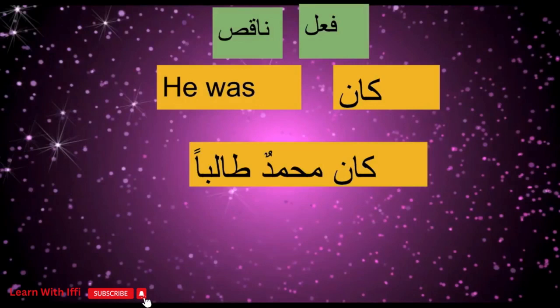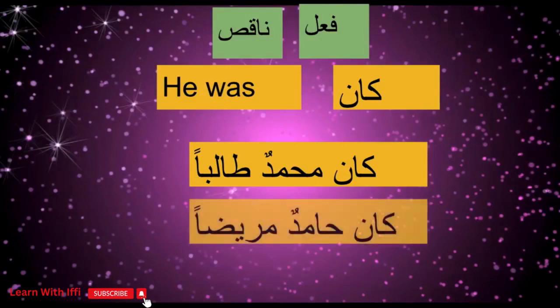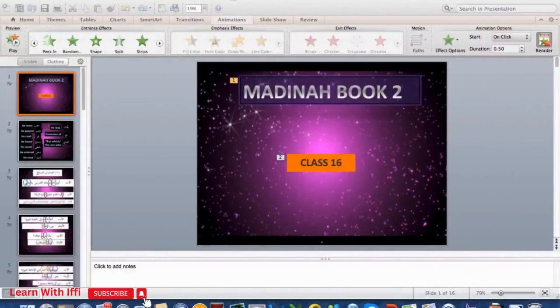So kana will also have the ism marfu and the khabar mansub. Kana Muhammadun taliban, Muhammad was a student. Say kana Hamidun maridan, Hamid was sick. This is how the verb kana is used.